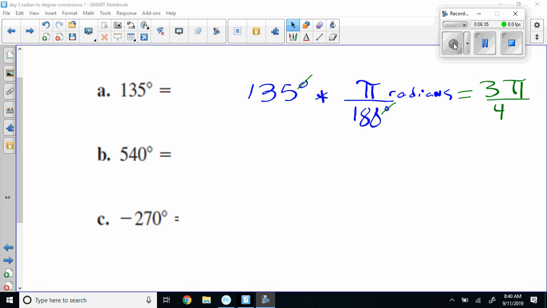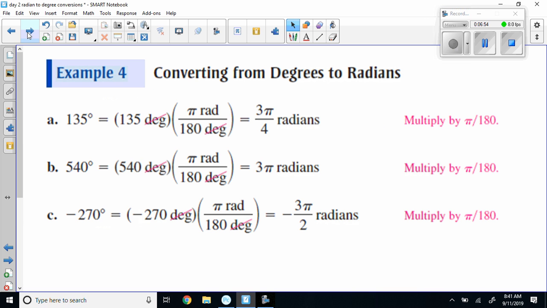Okay, guys, listen. Does it matter if it's positive or negative? Yes, only in the case that the sign goes at the very end, right? This negative 270, I'm still going to convert 270, right? It's just going to be negative 3 pi over 2, right?